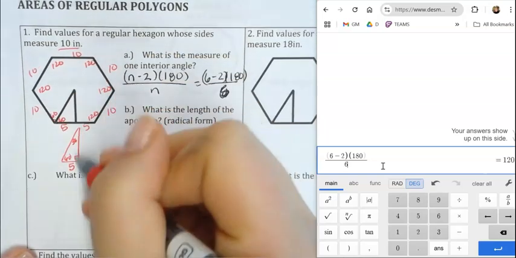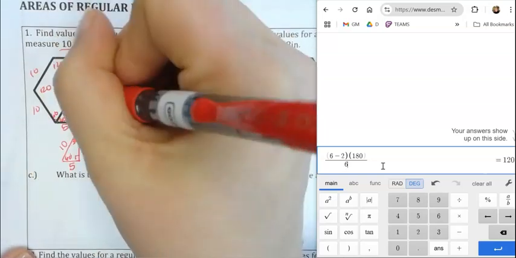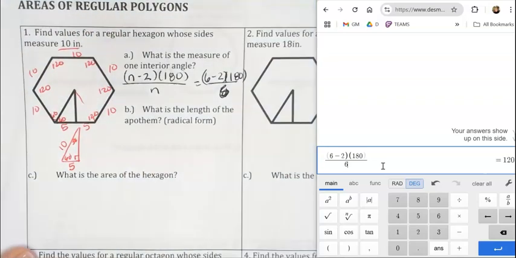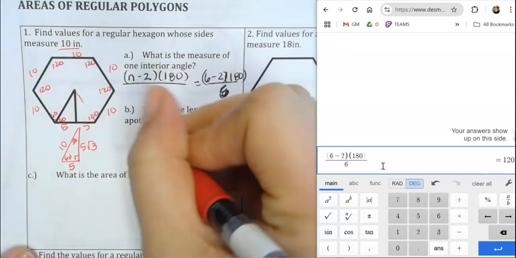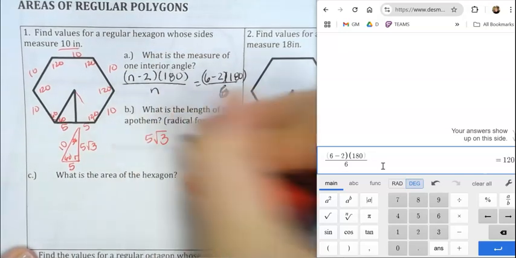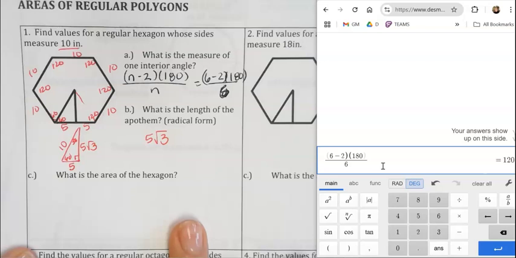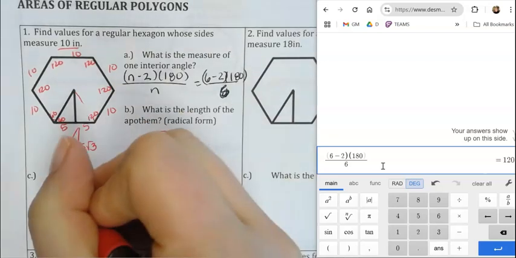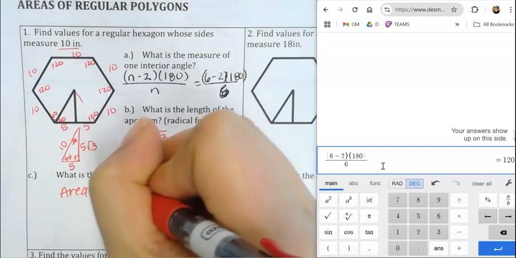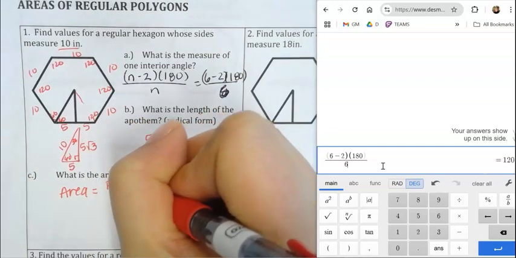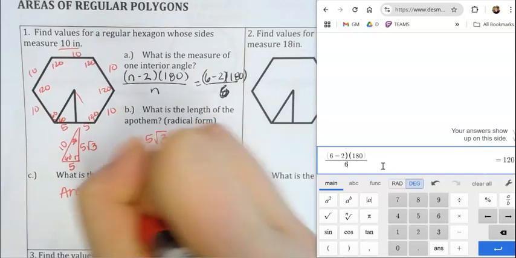Now this is my short leg. That means that this is 10, which makes sense because this would be an equilateral triangle. And this height would be 5 square root of 3 using our special right triangles. Now, our area is going to be equal to the perimeter times the apothem divided by 2.